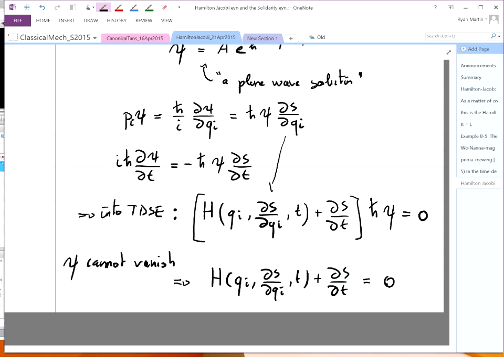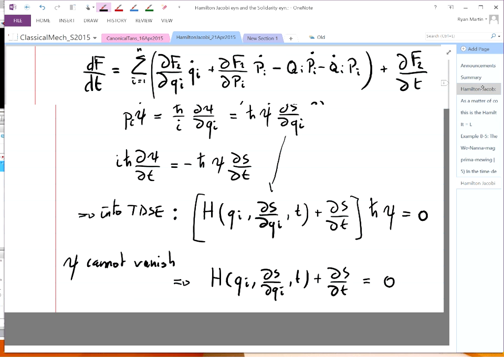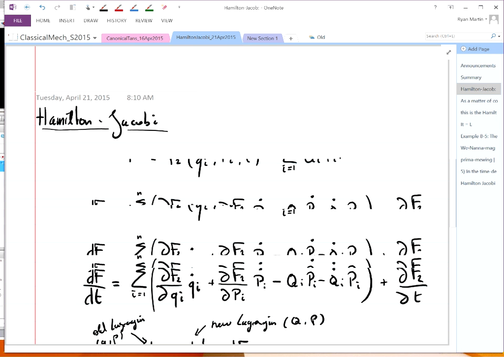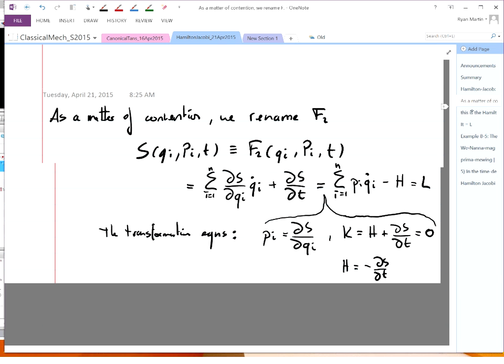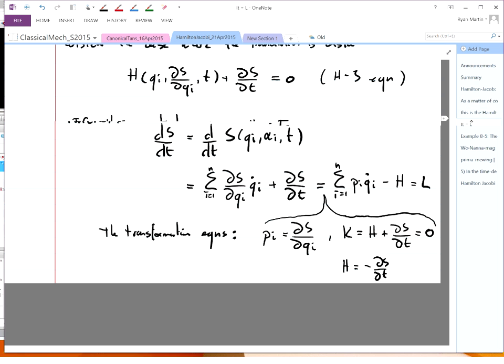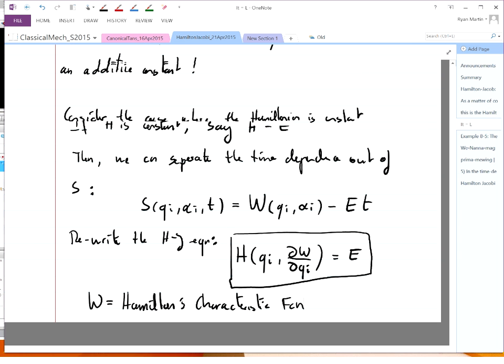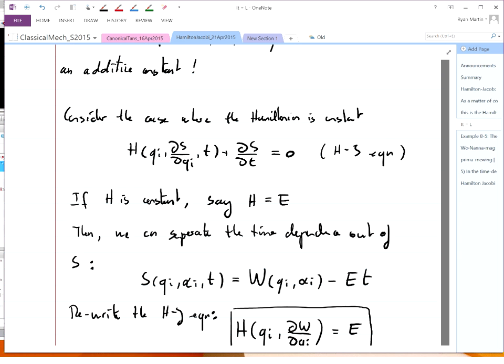So I haven't done any classical mechanics, that was all quantum mechanics. But this equation that I got is awfully familiar. Where is it? Well, obviously you understand where I'm going with this. I get exactly the Hamilton-Jacobi equation for S.